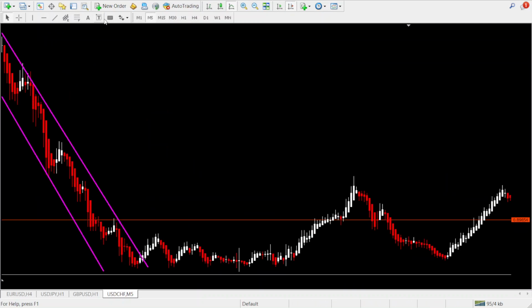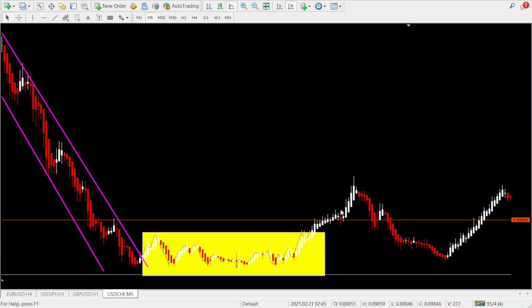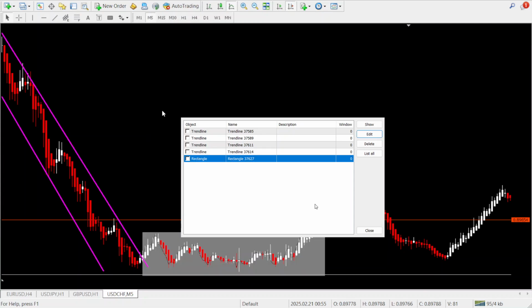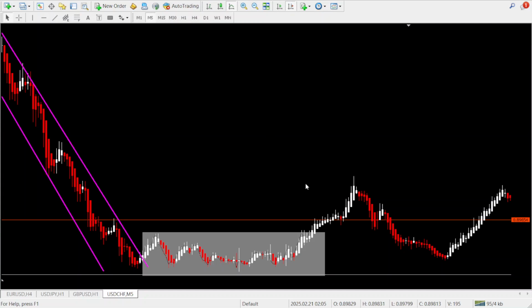Then for a sideways market, when you see candles that alternate between white and red, this typically signals a period of consolidation.